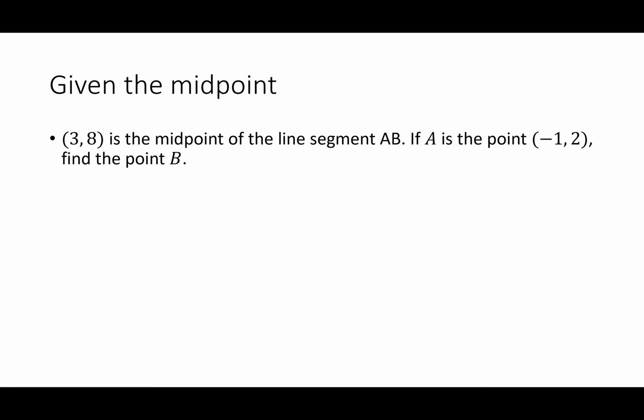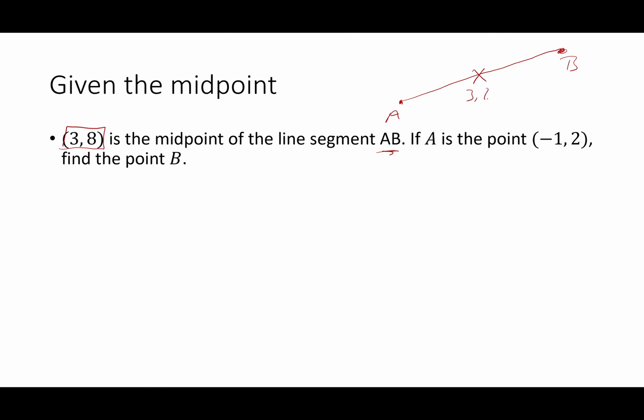This question, we're leaning more towards further maths here. All right. We're told that 3, 8 is the midpoint of the line segment AB. So basically, we have AB somewhat like this, and 3, 8 is the midpoint.